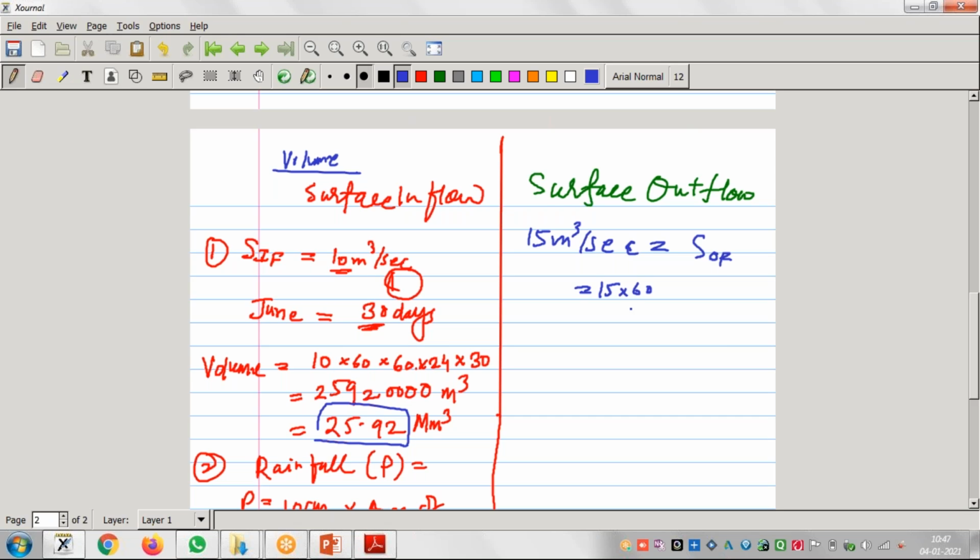If I will multiply by 60, it will be in 1 minute. Again, I will multiply it by 60, it will be in 1 hour. If I will multiply it by 24, it will be in 1 day, and again multiplied by 30, it is in 1 month, right? So here it will come 38880000 meter cube directly. So if you will convert it, it will come 38.88 million meter cube. Just you can convert now.